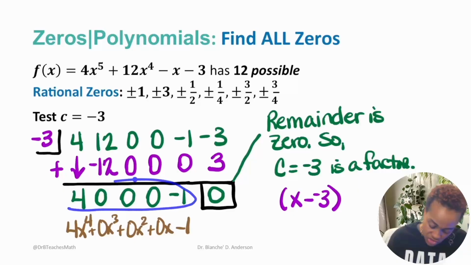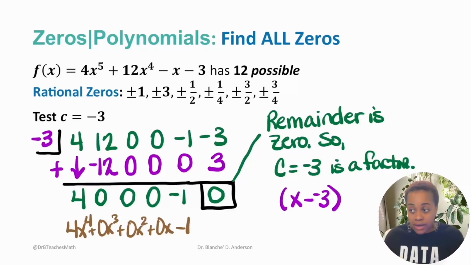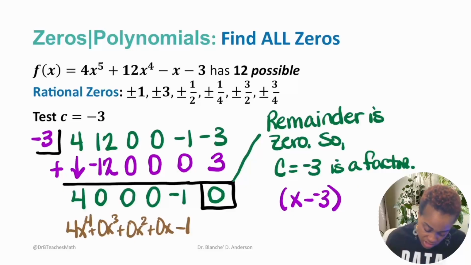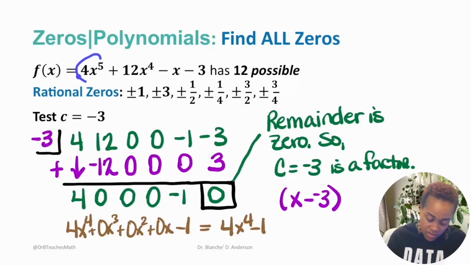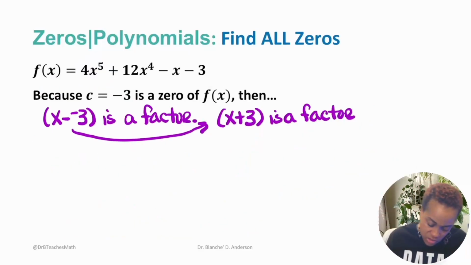Okay, that's what this translates to. So you go a degree down. Because we started with x to the 5th, but when you do division, it always goes lower. So 4x to the 4th minus 1.